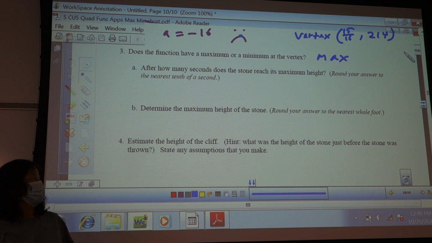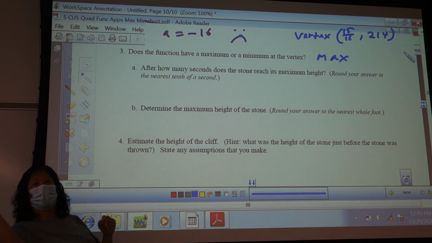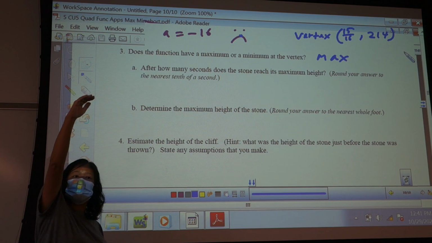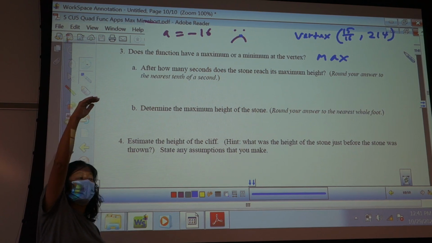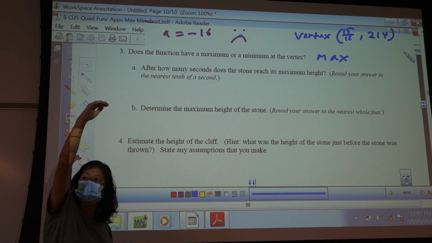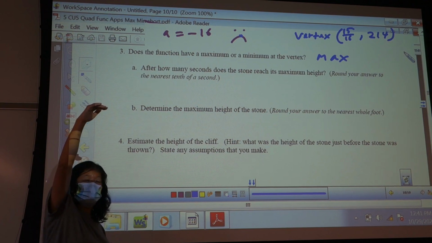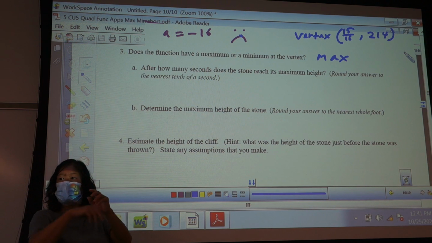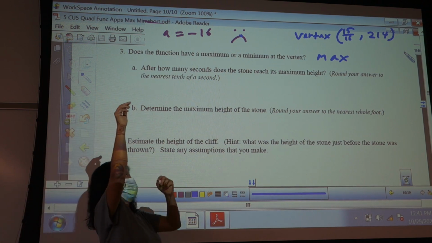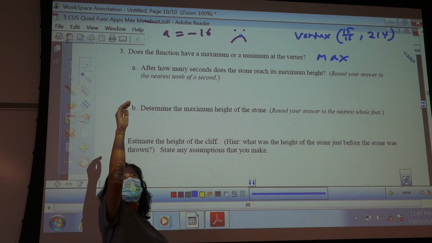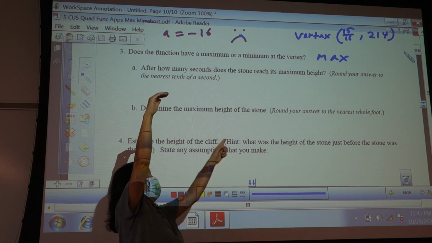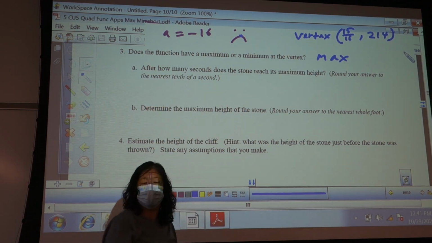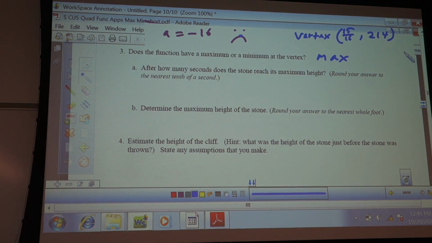So here I'm throwing a rock up, it hits its maximum point at 15/16 of a second, and the maximum height at that spot is 2 1/4 feet. Good? And then it drops down. I'm throwing a rock, it goes up, after 15/16 of a second it has a maximum height of 2 1/4, and then it plummets down. So that's what's going on.